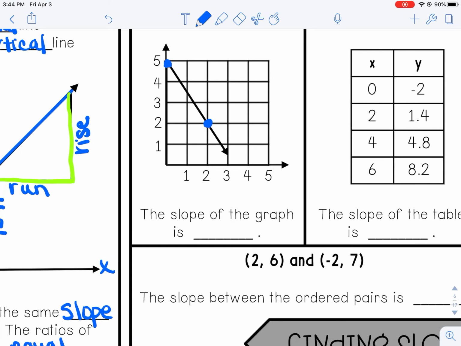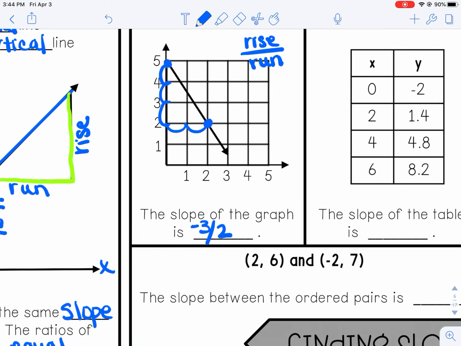It's going down to 2, 2. So it is decreasing. The rise is actually decreasing 1, 2, 3. So I'm going to write negative 3 over my run, which is 1, 2. Again, I used rise, which are your y values, over run, which are your x values.